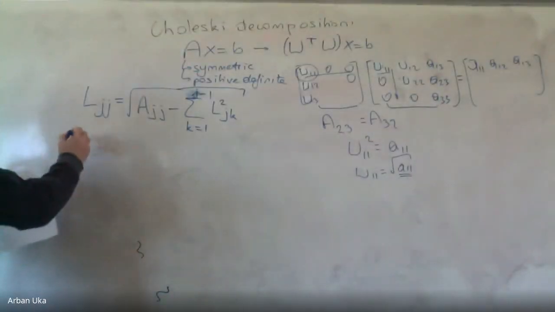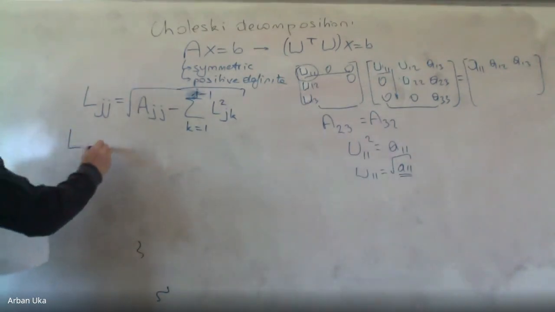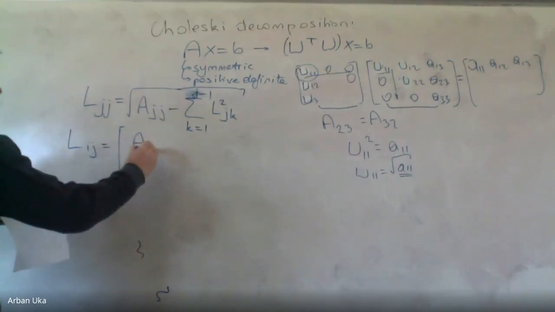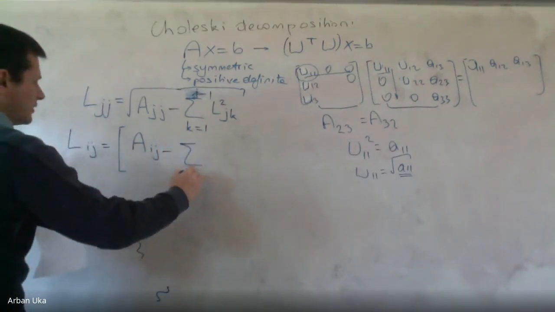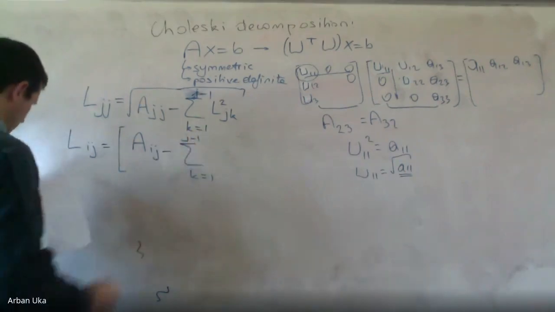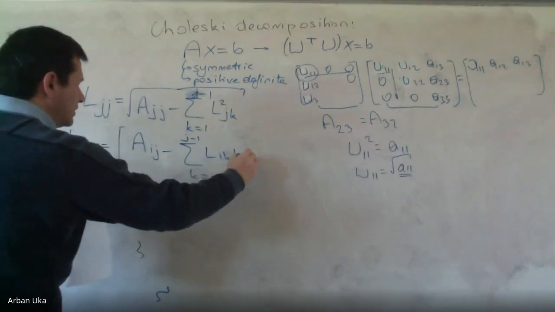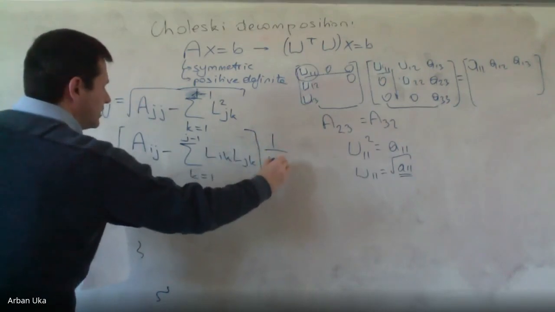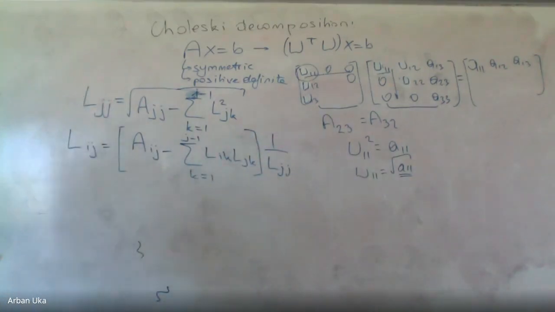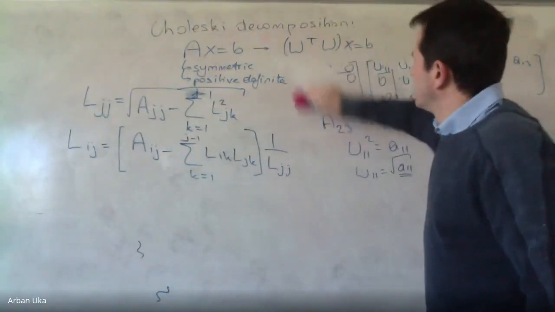Then the off-diagonal terms: Lij is equal to Aij minus the summation over k from 1 to j minus 1 of Lik Ljk, times 1 over Ljj. So these are the two expressions that we can use to find the diagonal terms and the off-diagonal terms of this unknown matrix.